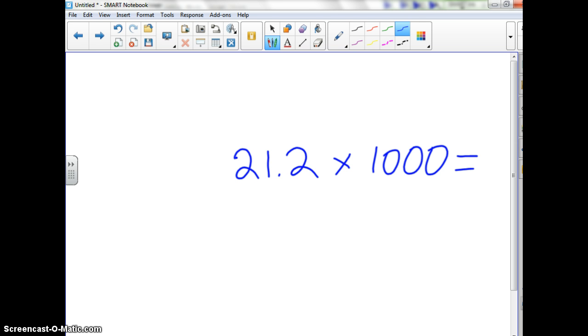Again, you probably don't have space in here, so recopy it down below. Eileen, how many zeros? Okay, 1, 2, 3. Good job. Unless we're multiplying just by 1, it's not going to be the same as what we start with.